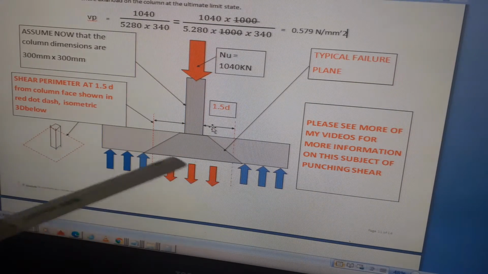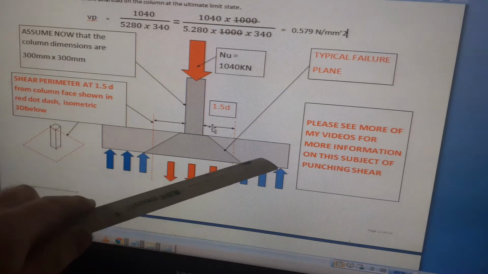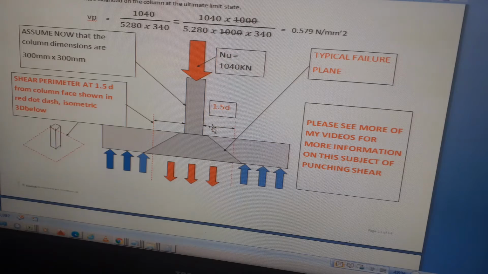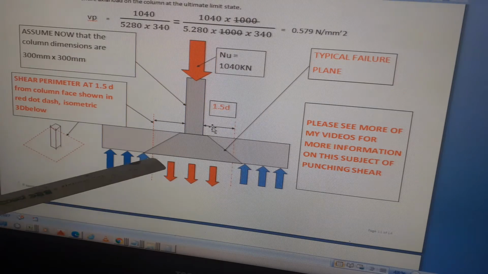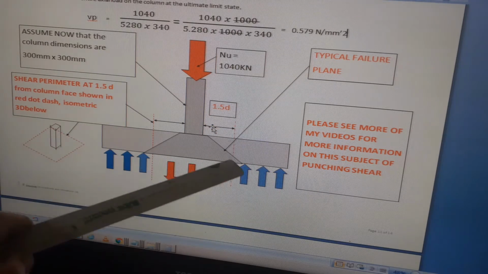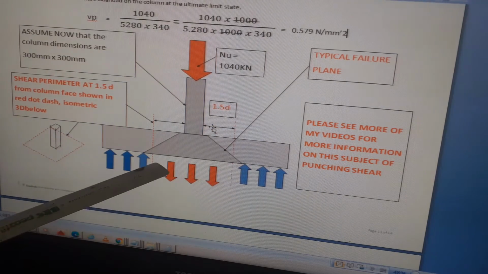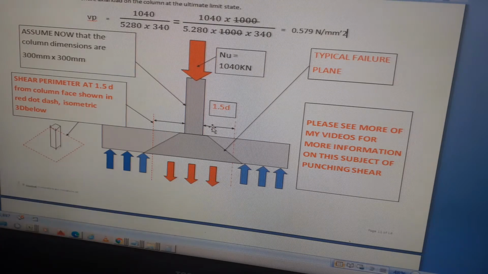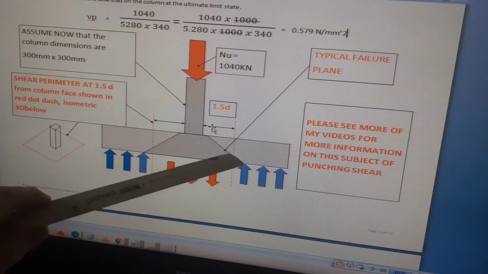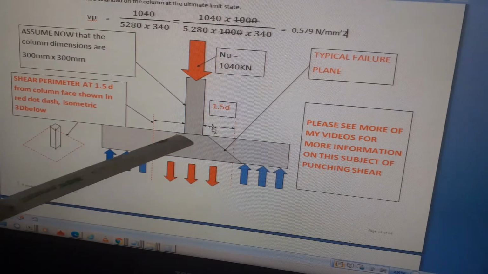So the stress underneath the base here will be massive, because we worked out before that the bearing pressure spread out over the whole thing would be 210 kilonewtons per meter squared. But if the base was too weak, then this stress underneath the footing would be too high, and this could punch through, a shear failure along this plane.